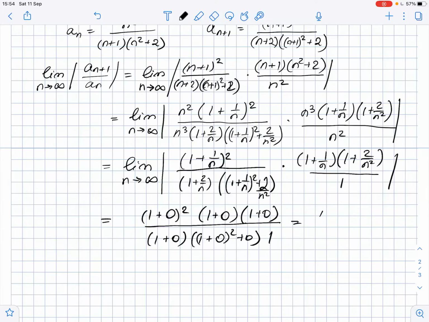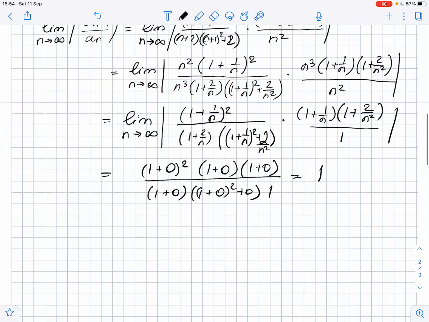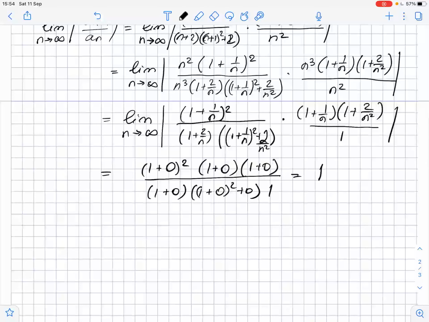So this equals 1. So we get that the limit of a_(n+1) over a_n equals 1.